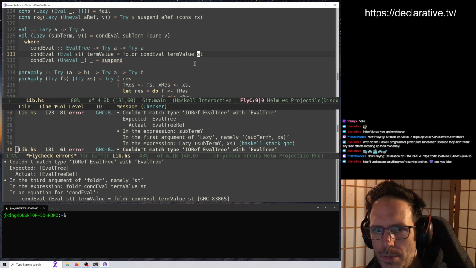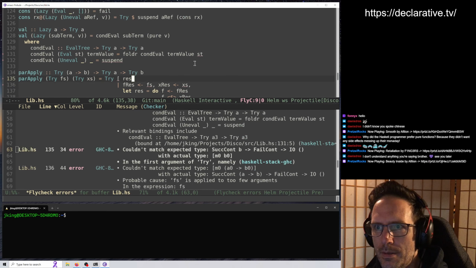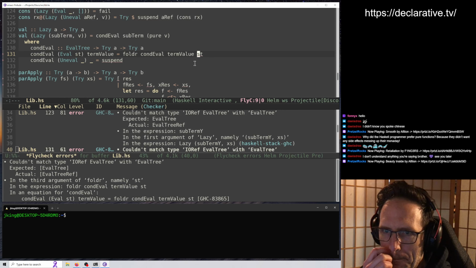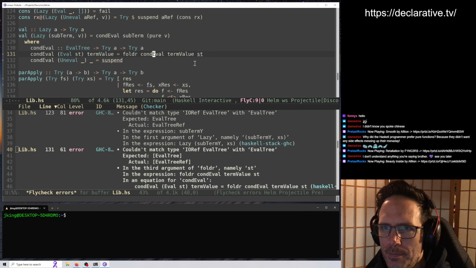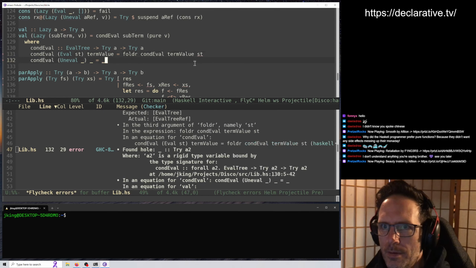So it wants this to be a list of eval tree, but we got eval tree refs in ST because that's what we changed eval tree to contain. I leave that branch undefined for the moment.